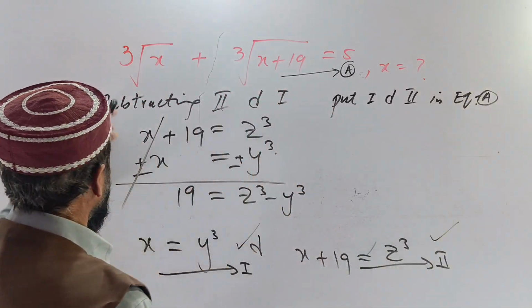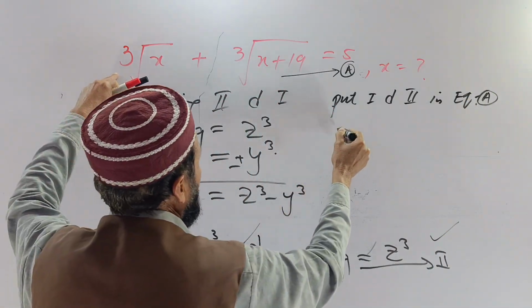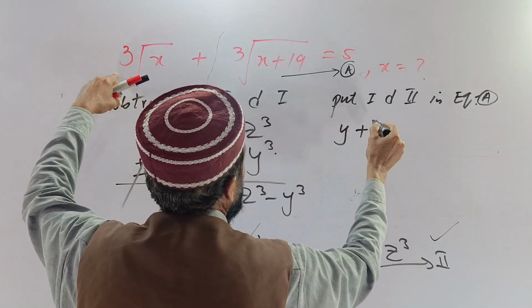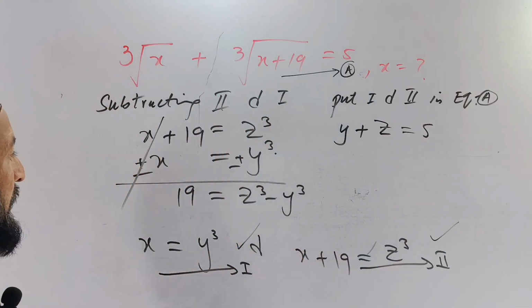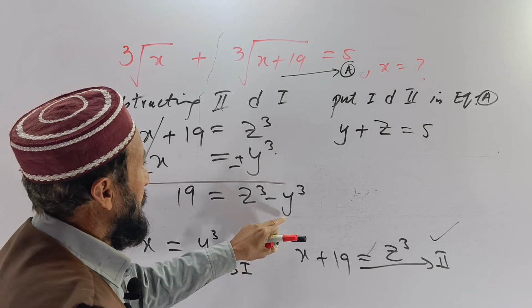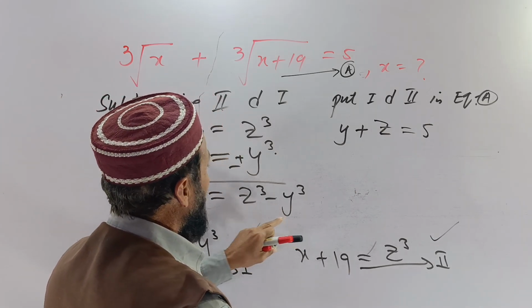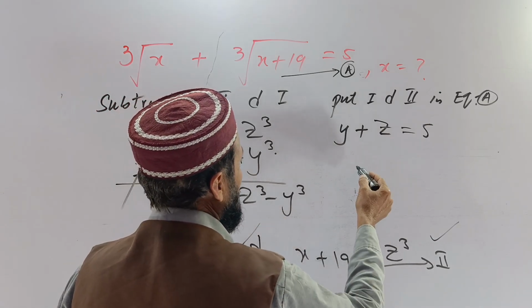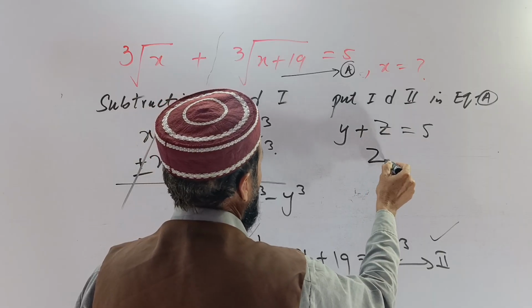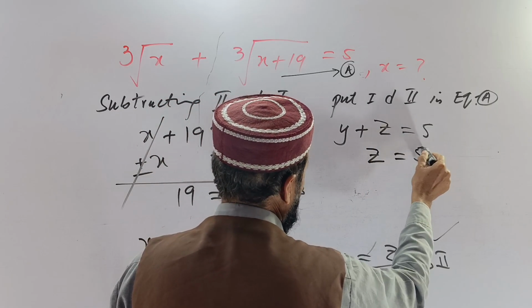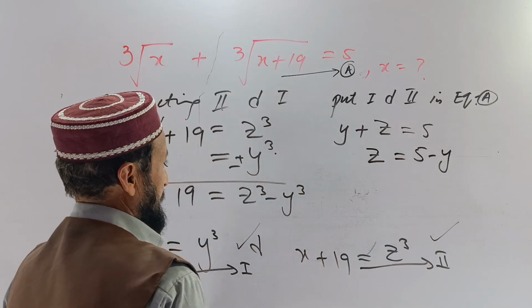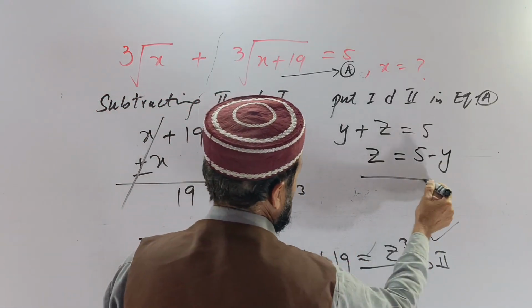Here we have already taken the supposition y plus z is equal to 5. Now we can put the value of y or z, so we can change z to 5 minus y. We call this equation number third.